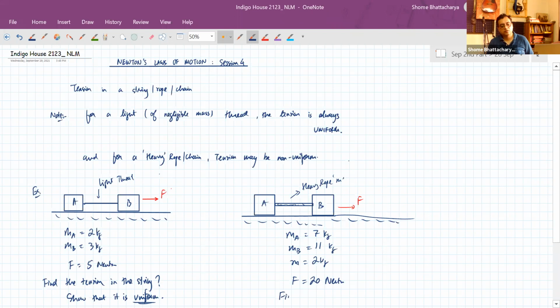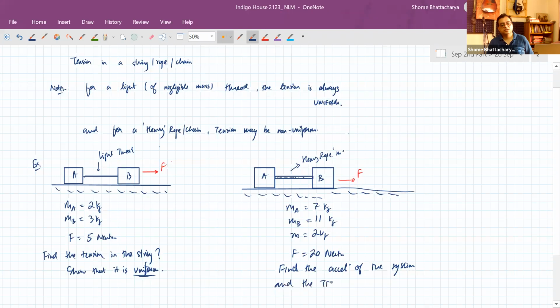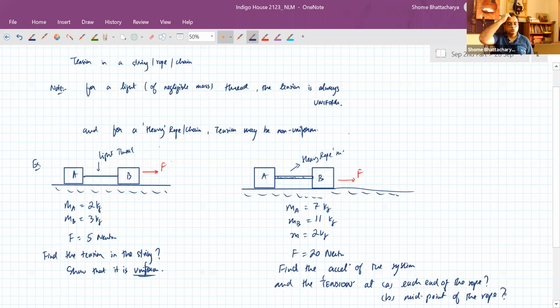Find the acceleration of the system, the tension at each end of the rope, and also the tension at the midpoint. Through these two questions, we will illustrate that tension can be variable in the case of a heavy rope.